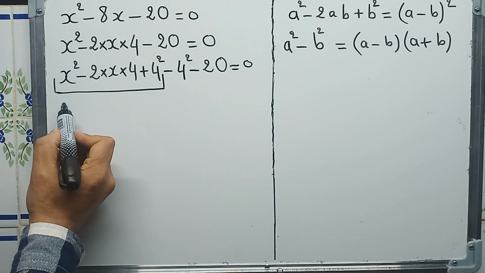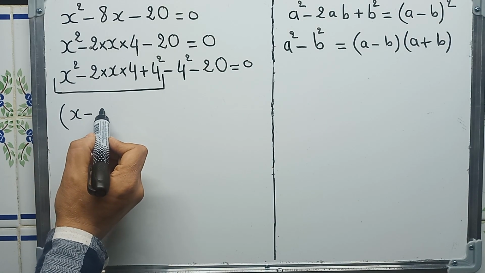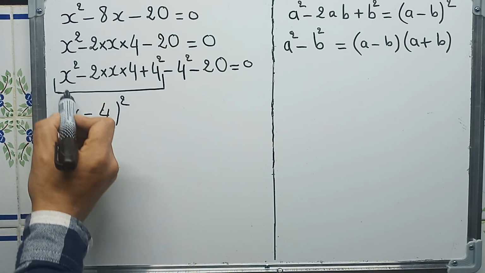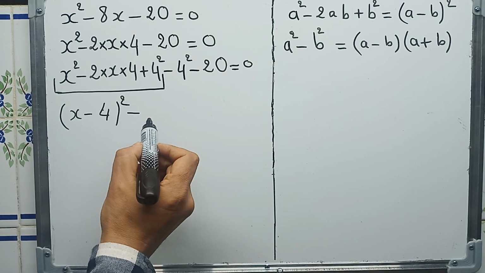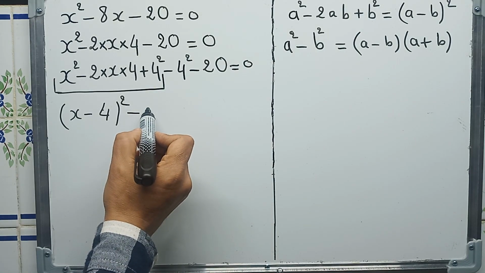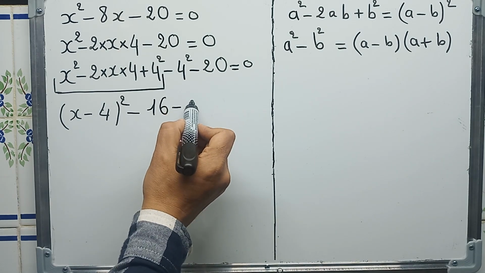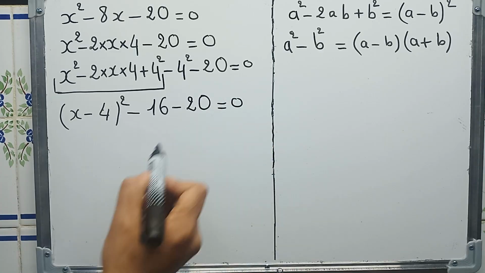So what we do is x minus 4 squared, minus, here we have 4 squared, which is 16, minus 20 is equal to 0.